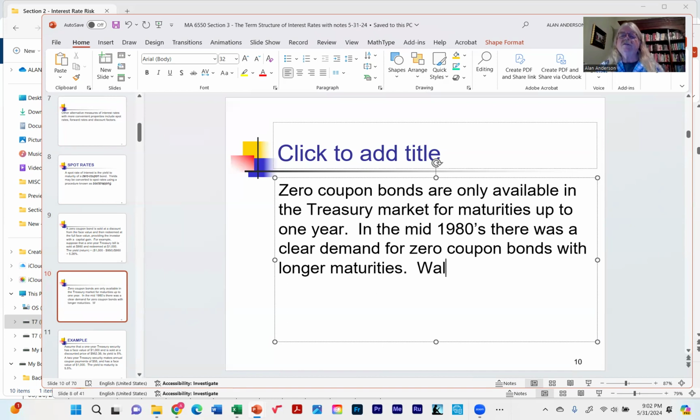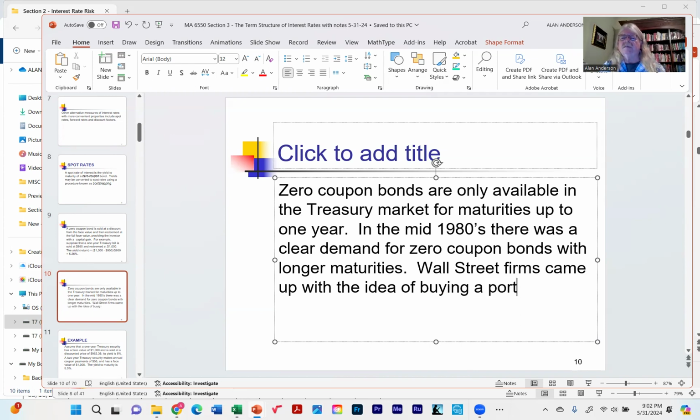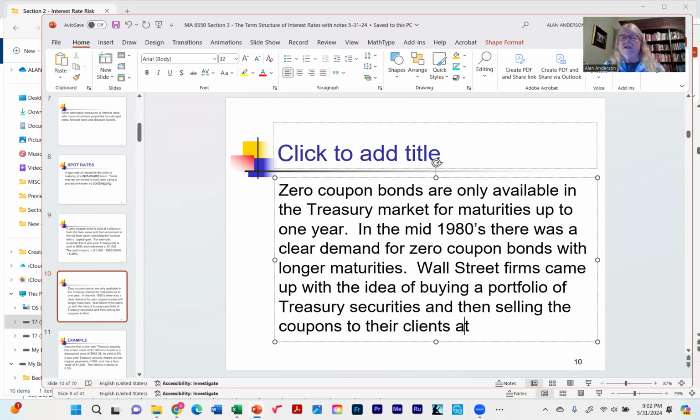So what happened was Wall Street firms, and we could look up the ones who started this, I don't remember exactly who got this idea first, came up with the idea of buying a portfolio of treasury securities and then selling the coupons to their clients at a discounted price.